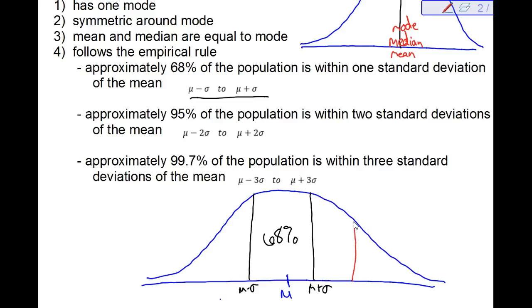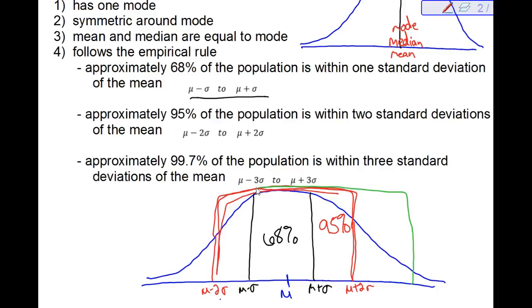If I do two standard deviations away, so the mean minus two standard deviations, and the mean plus two standard deviations, that is going to be 95% of the data for this whole box here. Okay? And previously we said that 3 standard deviations was going to be almost all of it, and for our case here, it is almost all of it.